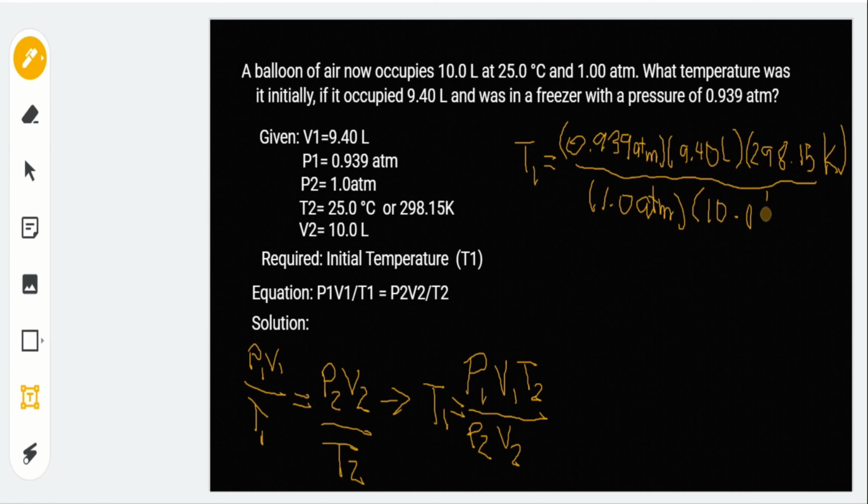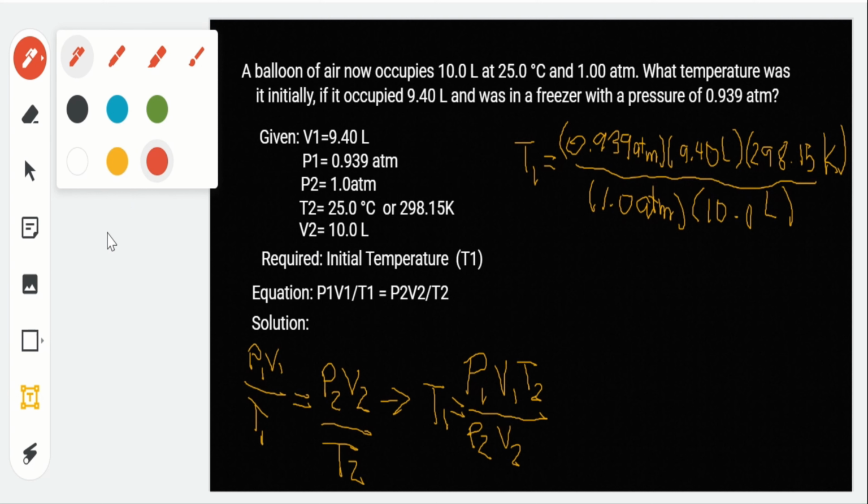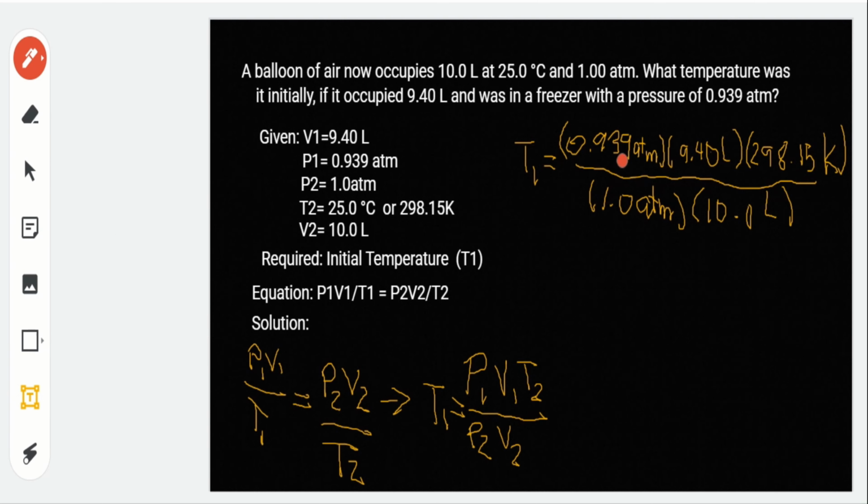So clearly, in this process, the units of pressure and volume will cancel. So the only remaining unit is for temperature, which is Kelvin.